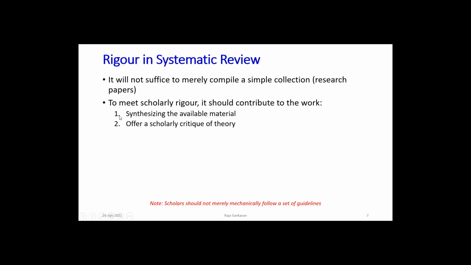Similarly, even in case of an SLR or a meta-analysis, you need to be in a position to synthesize those available literatures. And second, you need to provide a scholarly critique of the theory. So these two are key important aspects when it comes to establishing rigor in your research paper.